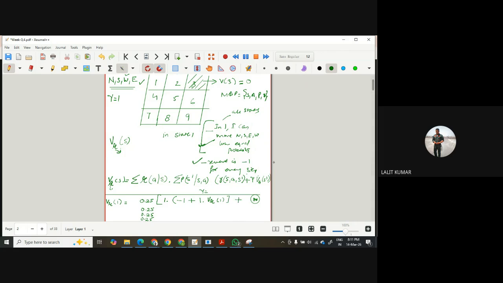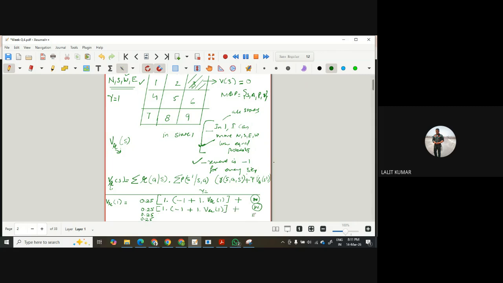This is clear? Now, plus, I take a step towards west. When I take west, again I will get the same: 1 into -1 plus 1 into V pi of 1. Plus, now I cover east.